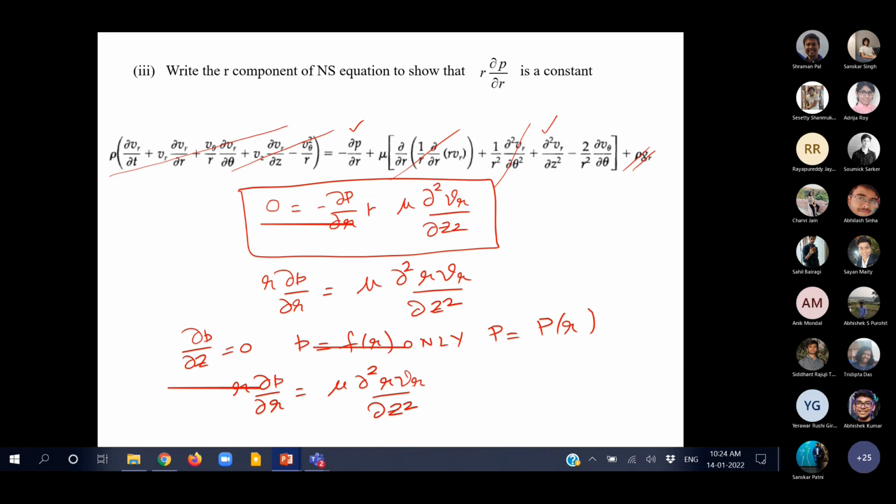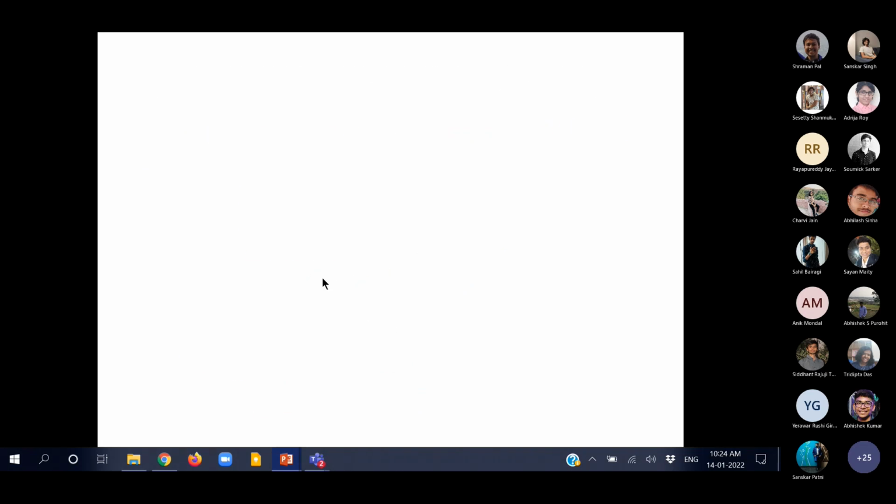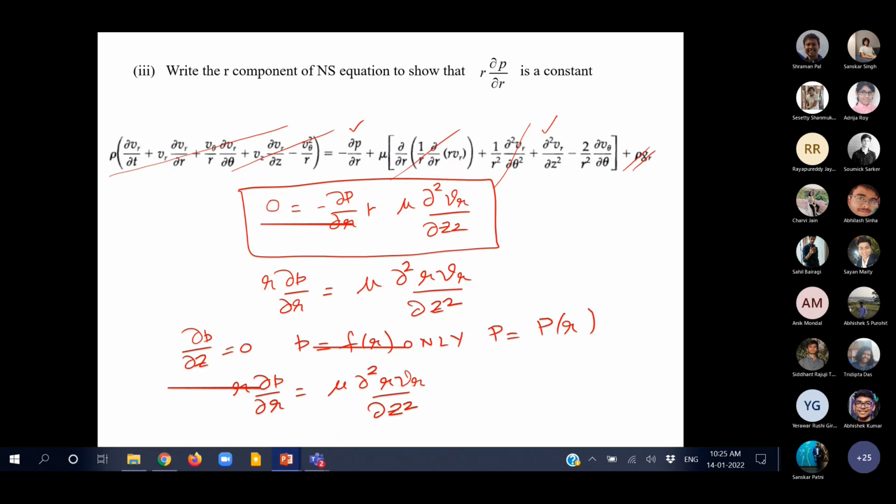I'll go back once again for you to figure out. Look at this. RVR is F of Z. Now you tell me. Not necessarily, because f of z needs to be a quadratic function for that to happen in z.